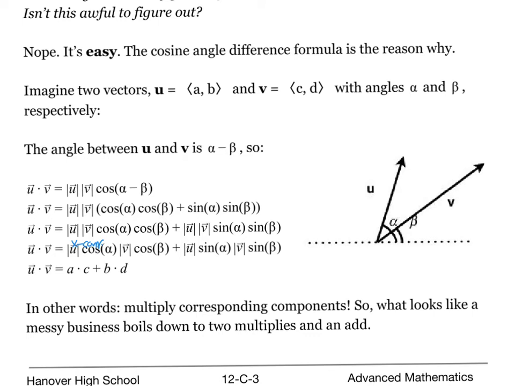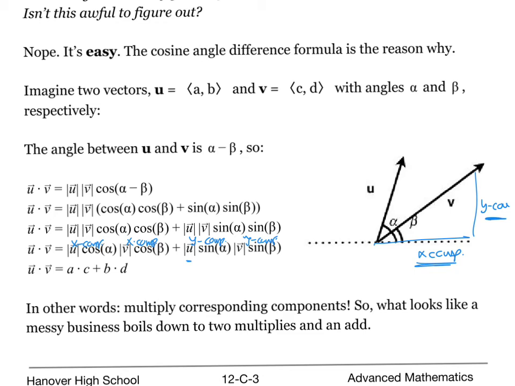Vector v and its cosine is the x component of vector v. And magnitude of u times the sine of its angle, that's its y component. And vector v's magnitude times the sine of its angle, that's its y component. So remember, each of these vectors has a y component and an x component. And if you wrote it in component form, these numbers, these lengths would be those components.